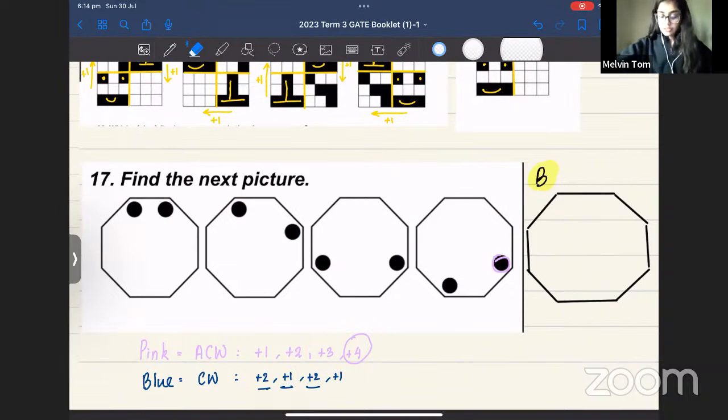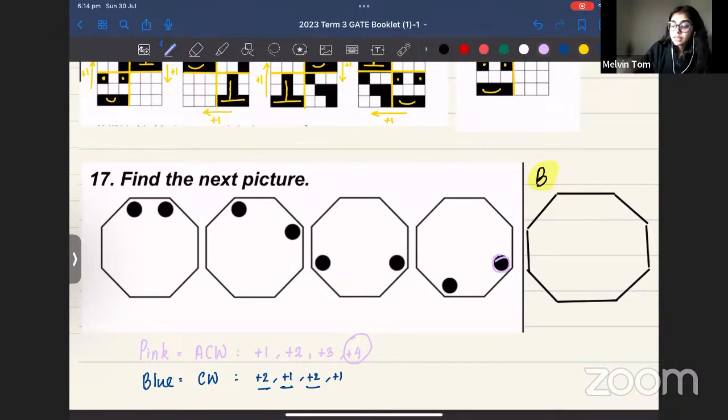Now, as you can see, we are given 2 circles across all these 4 images. So what I want you to do is to split them apart and just focus on 1 circle at a time. How do we do that? We'll call this circle the pink circle. And then we'll call this circle the blue one. Now let's follow the movement of the pink circle first.